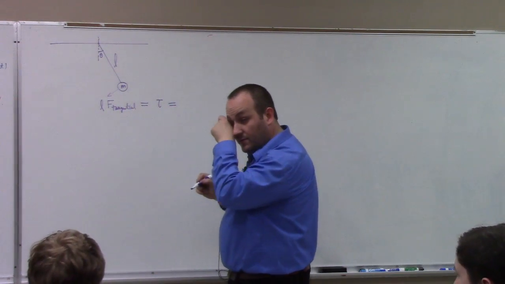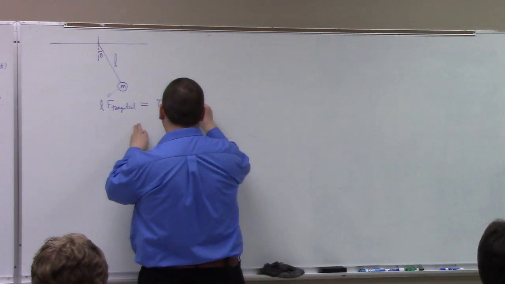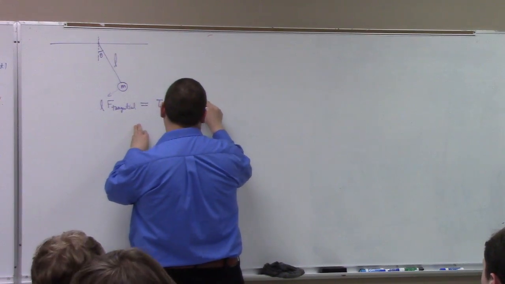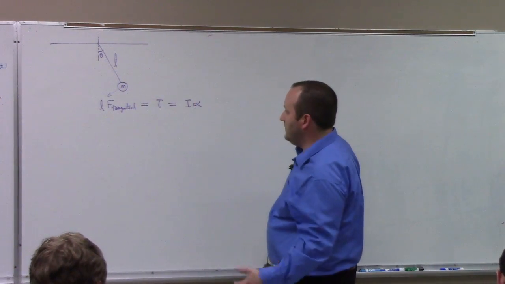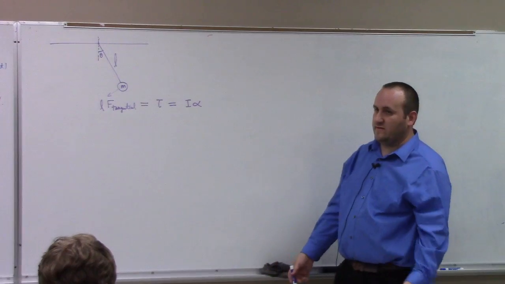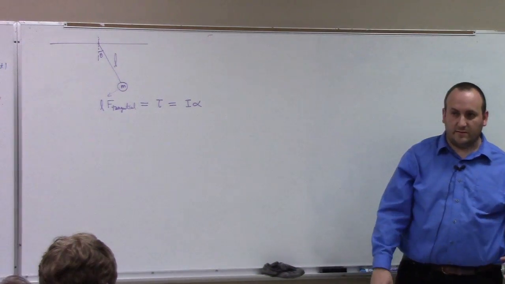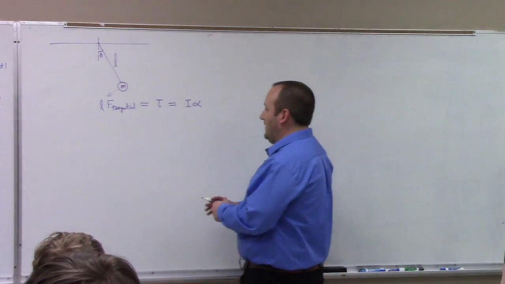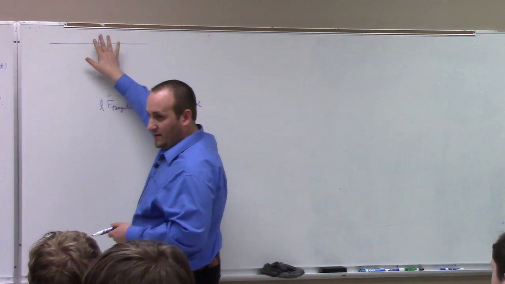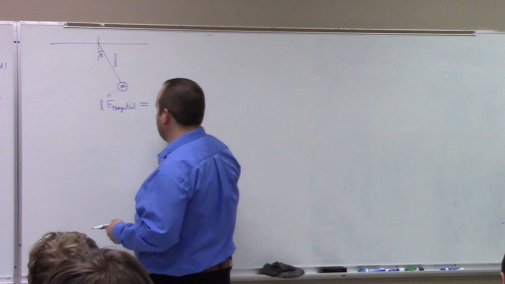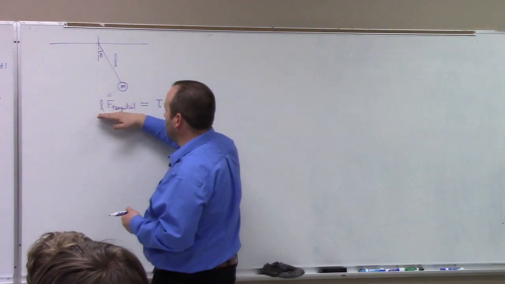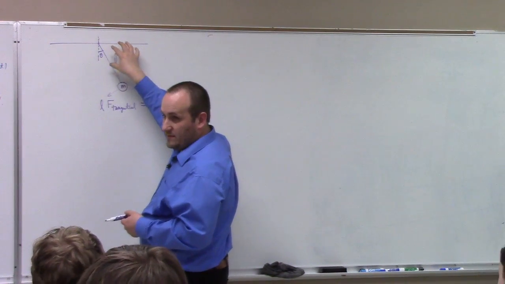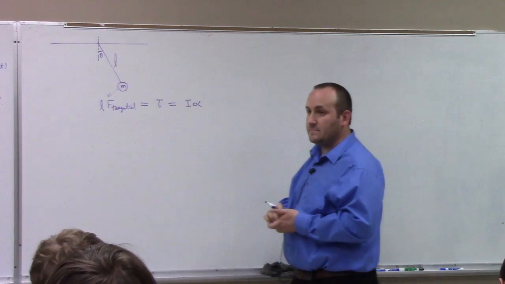And torque should be equal to I alpha. Now, in the case that you're just dealing with a simple pendulum, I is just mr squared, I mean ml squared in my current language. But if the pendulum wasn't simple, if it was some kind of blob, this would still make sense. As long as I calculate the force on the center of mass, this would still be a legitimate equation.